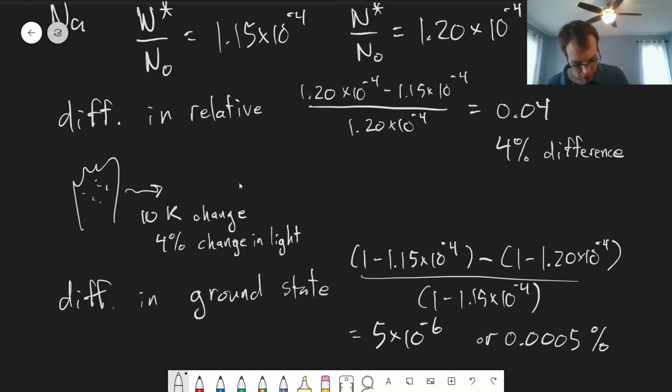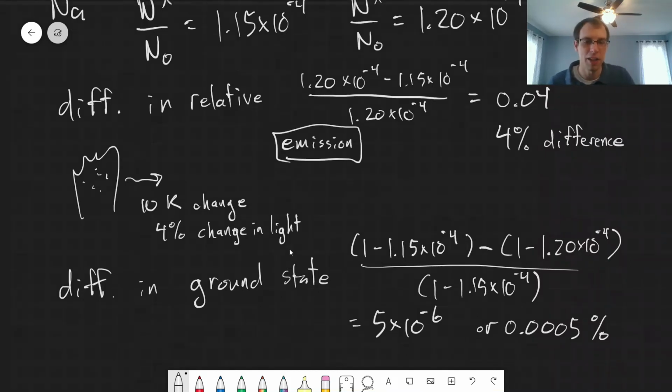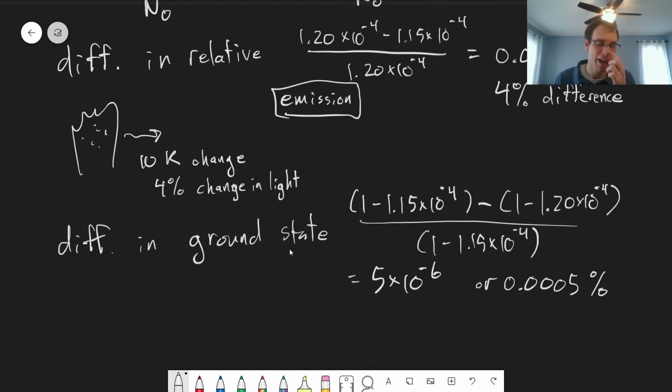So for the excited state, we're thinking about our emission spectroscopy, whereas for the ground state, we're thinking about our absorption spectroscopy. The fraction of atoms in the ground state matters in terms of how many are there to absorb the light that's coming from our lamp, our light source. And so we get basically a negligible difference here.